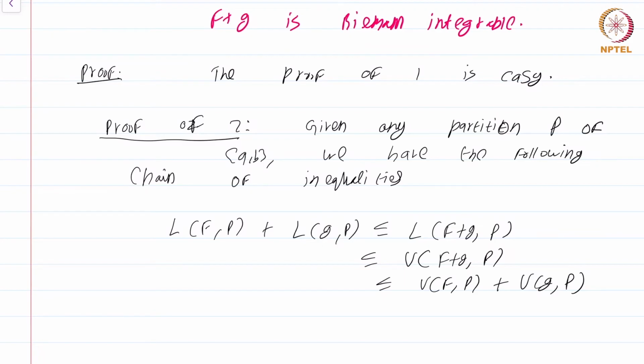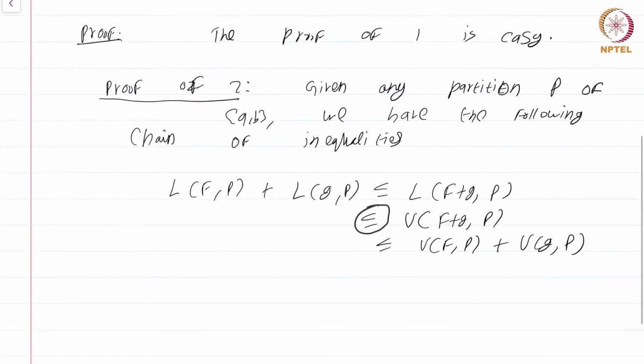Now first of all, certain inequalities here are straightforward. This inequality, L(f plus g, P) is less than or equal to U(f plus g, P), just follows from one of the basic facts about upper sums and lower sums. Why is this first inequality true? Well, think about what's happening.